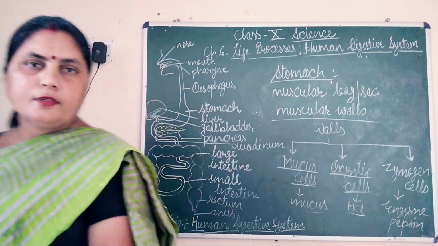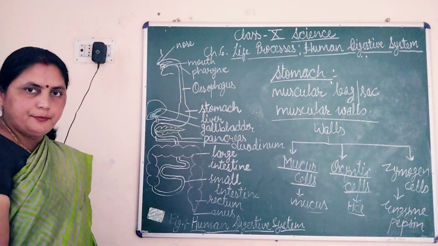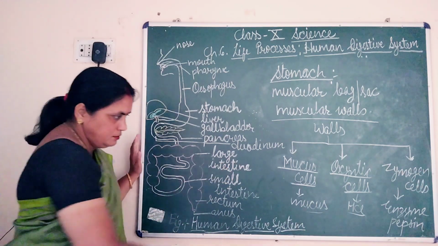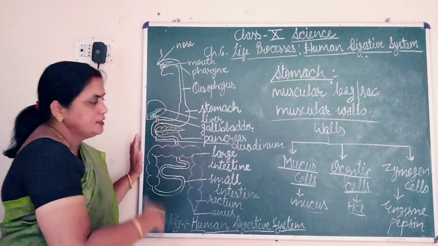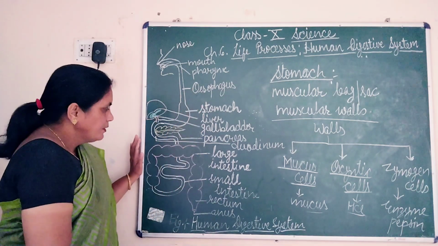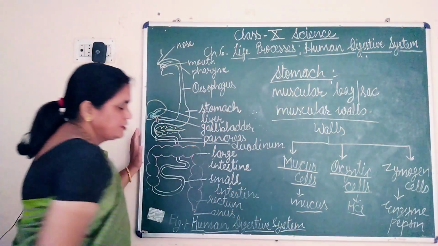Okay. So mucus, HCl, enzyme pepsin. So these three types of substances are secreted by the wall of stomach. Okay, and they have their own roles or functions.